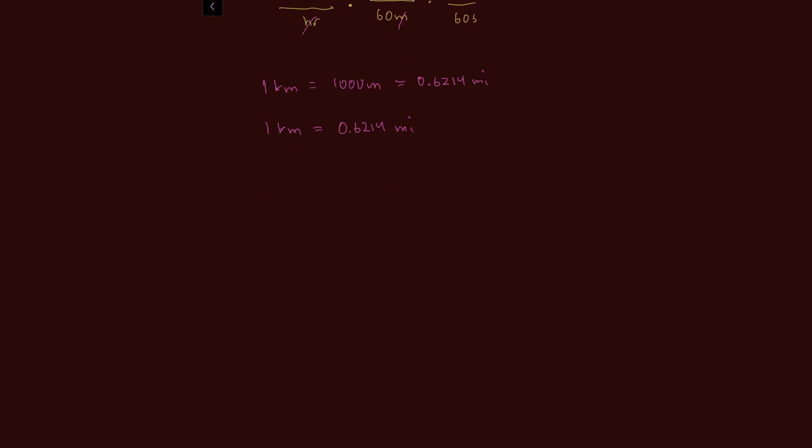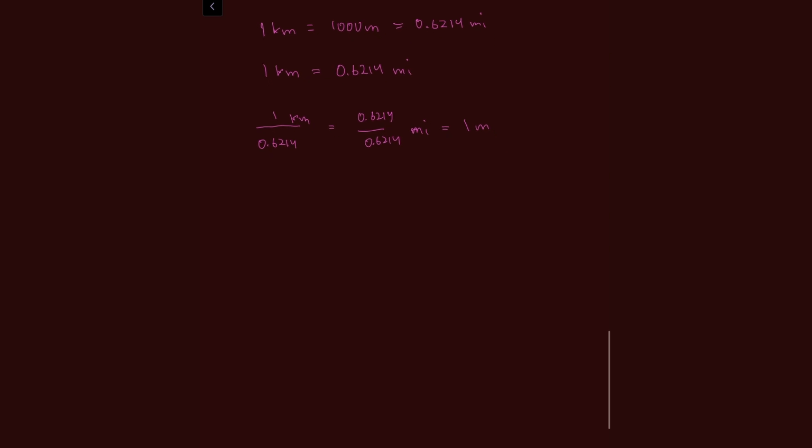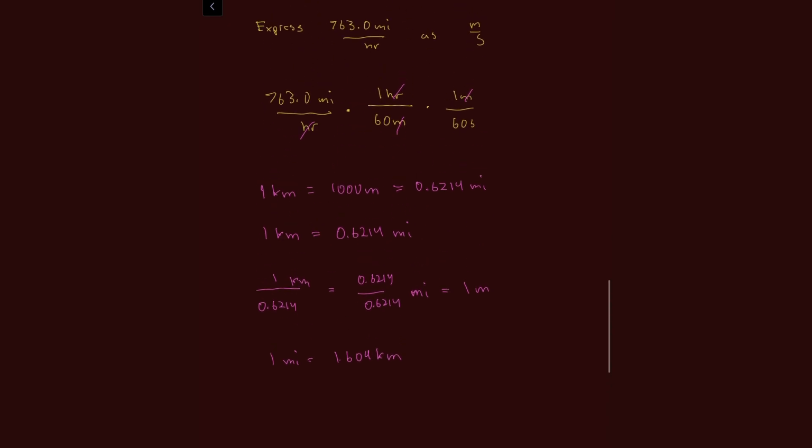Or in other words, dividing by 0.6214 on both sides, we get that 1 mile is equal to 1 kilometer divided by 0.6214, which is the same as 1.609 kilometers. So let's use this up here.